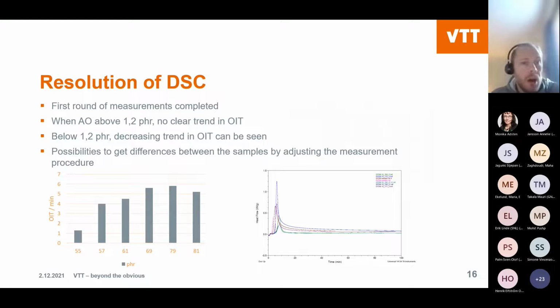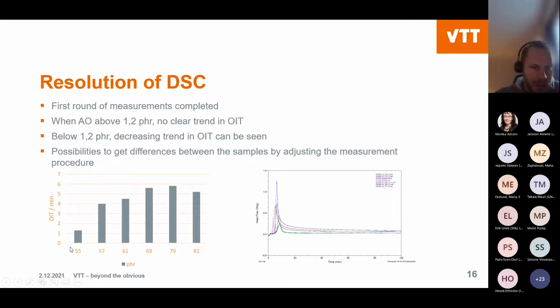So we completed the first round of measurements with DSC and TGA, and here in this left-hand side graph, you can see the OIT times as a function of the amount of antioxidant.